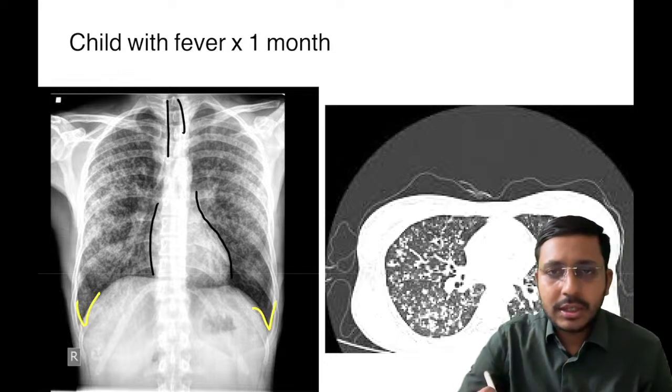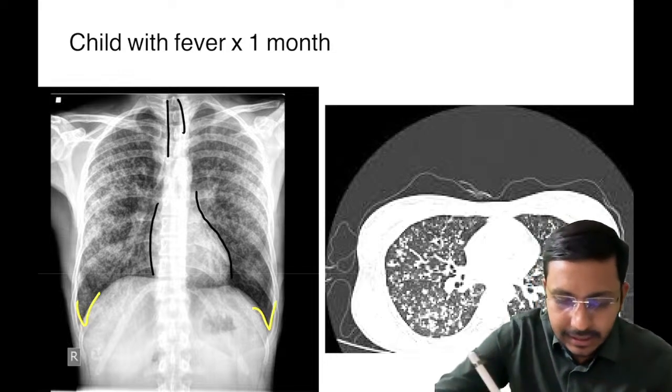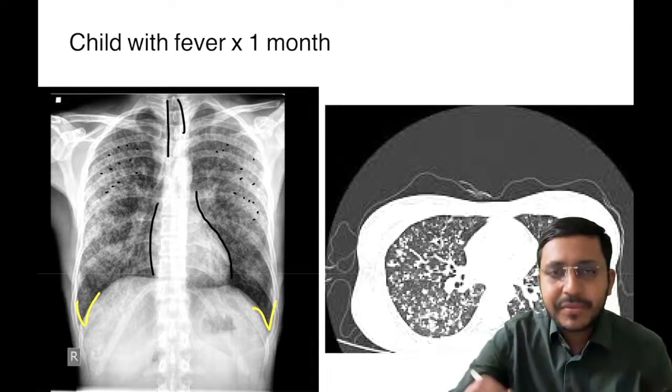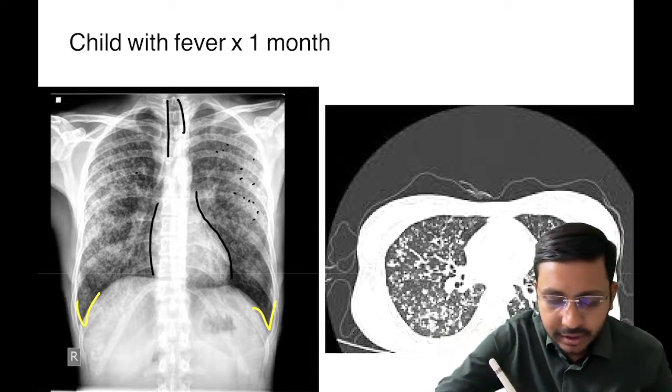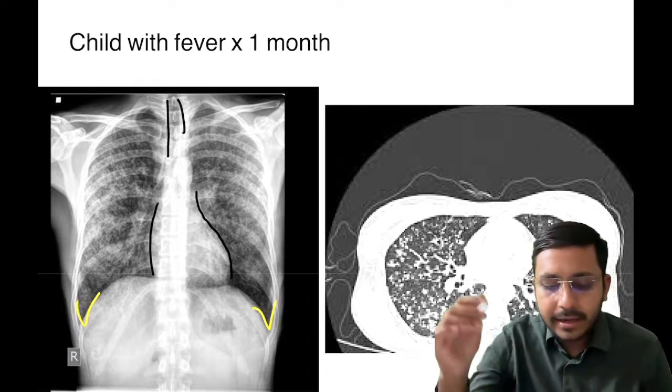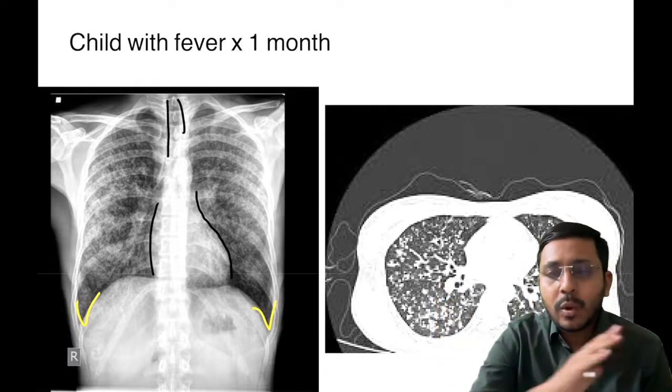The main pathology is in the form of these tiny millet sized nodules, tiny nodules scattered bilaterally. देखो bilateral है, कोई zonal distribution नहीं है, scattered bilaterally throughout the lung.